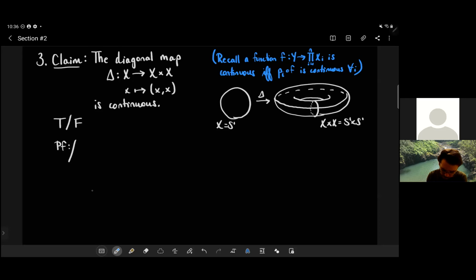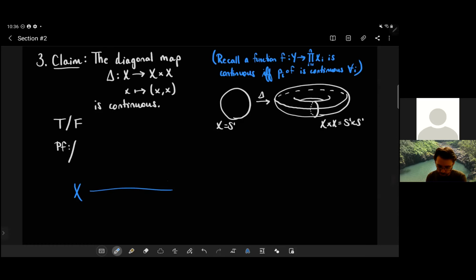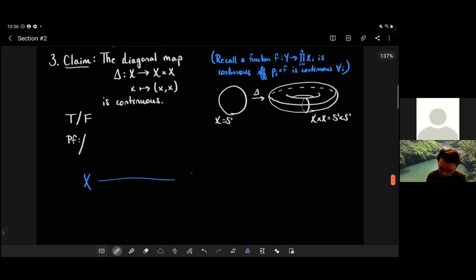Basically, if you have some space X, the diagonal map, it's called the diagonal map for a reason, uses delta, Greek D.